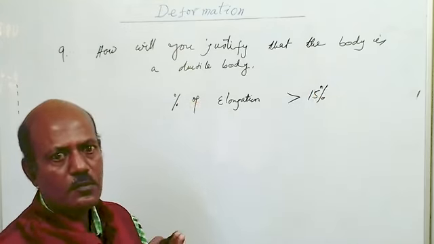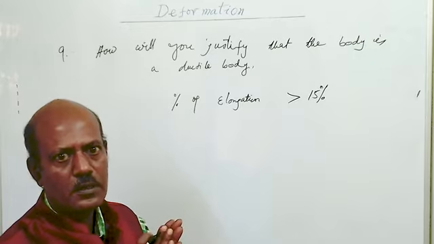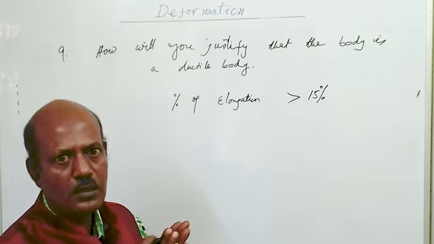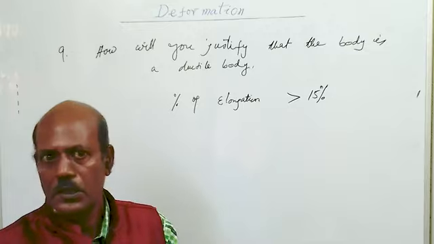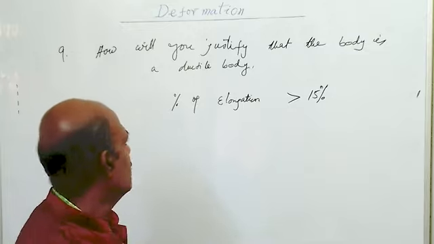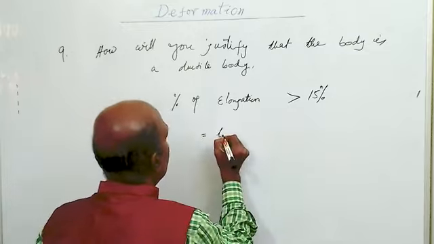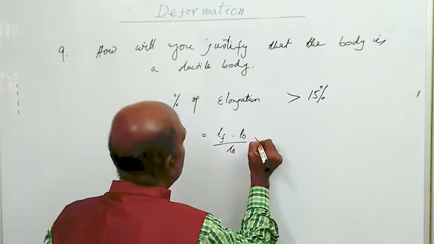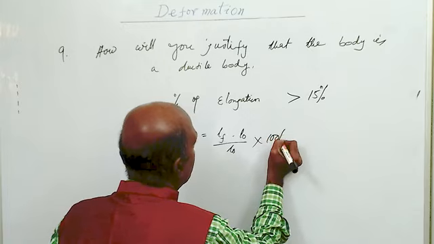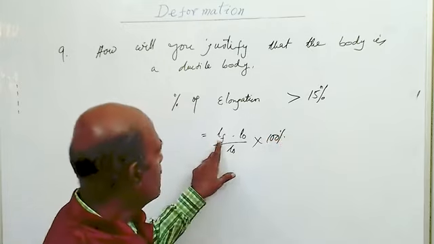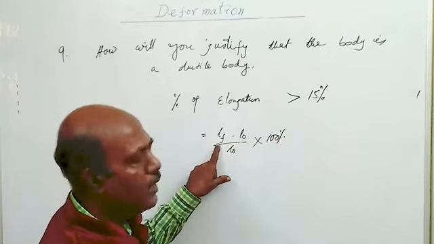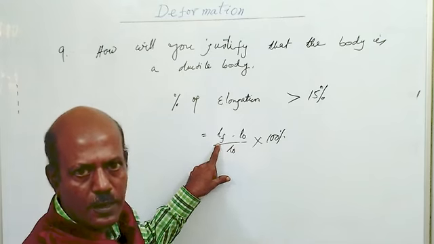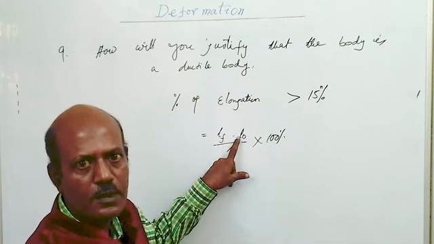That means for a ductile body, the stress strain curve shows a large deformation before failure. The percentage of elongation is given by LF minus LO divided by LO, into 100%. Let LF be the length at the failure point and LO the original length of the body.